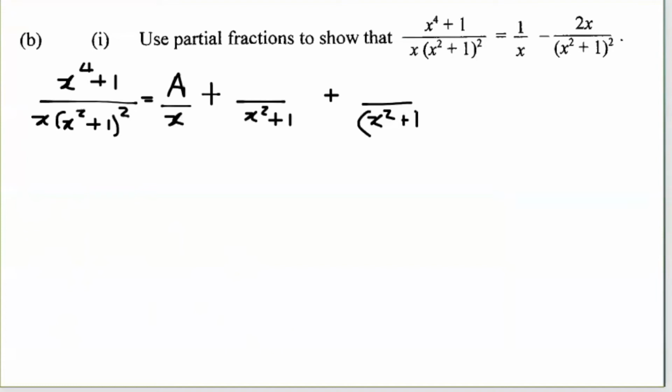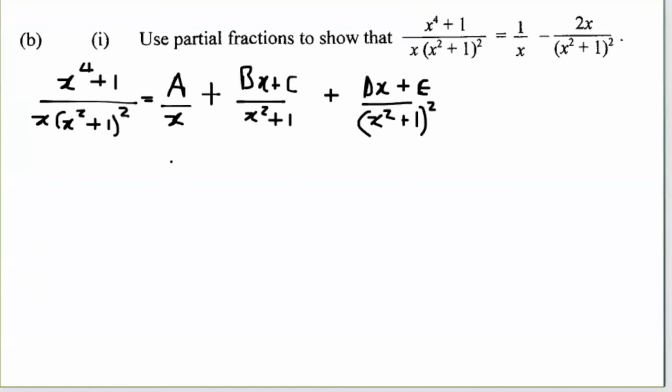Now, because x squared plus 1 is not like a perfect square where we can factorize, that's why I'm going to have bx plus c. We include a variable. Same case here. X squared plus 1 can't be factorized, so that's why I include dx plus e.